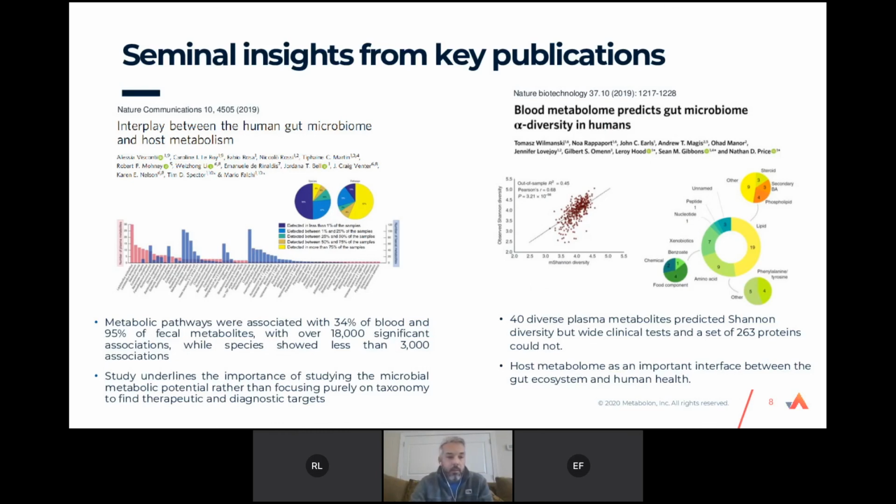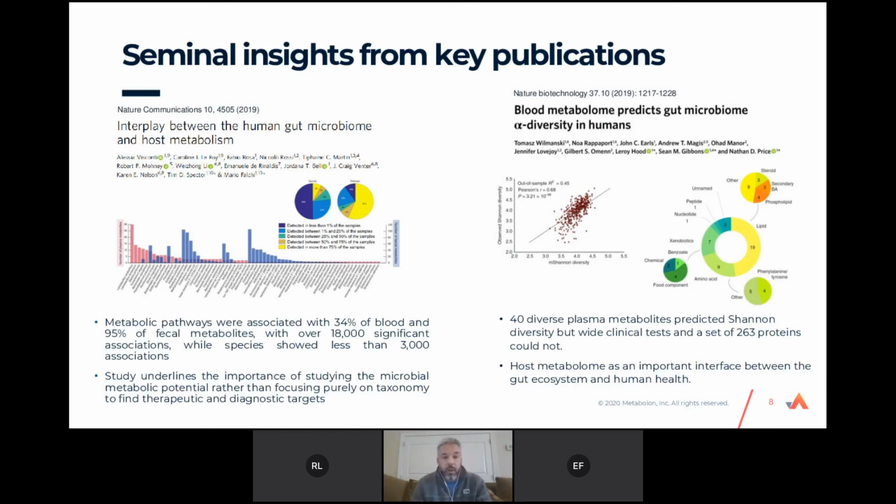In this study, the metabolomic pathways were found to be associated with 34% of blood and 95% of fecal metabolites, with over 18,000 significant associations, while the different species were only able to show about 3,000 associations. So this study was really able to underline the importance of studying the microbial and metabolic potential rather than focusing purely on taxonomy to find therapeutic and diagnostic targets.